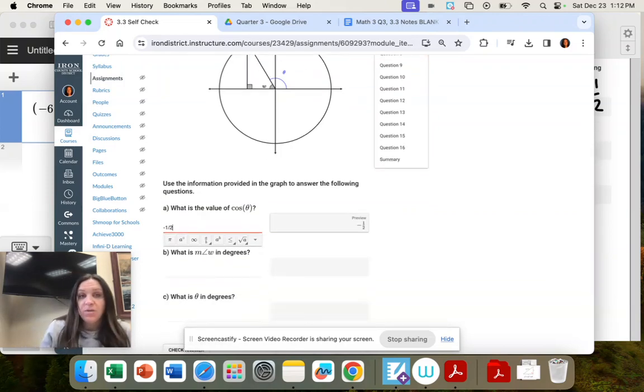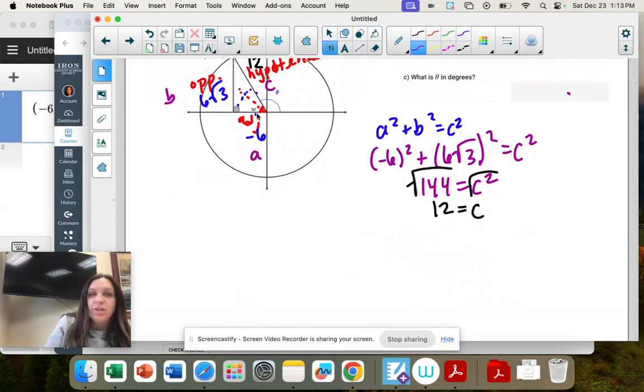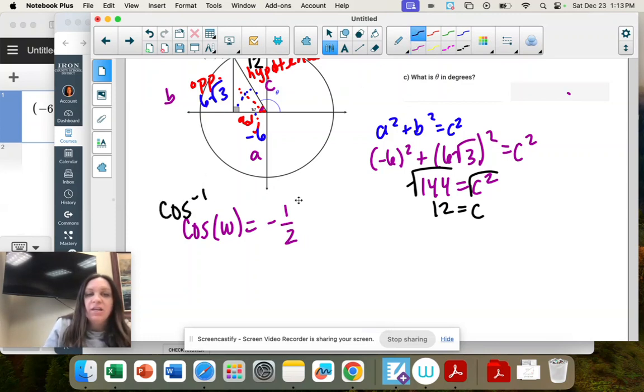To find theta, we have to first find W. So I'm going to use our right triangle with W. So cosine of W is adjacent over hypotenuse, which we just found was -1/2. And now I'm going to take the inverse cosine of both sides.